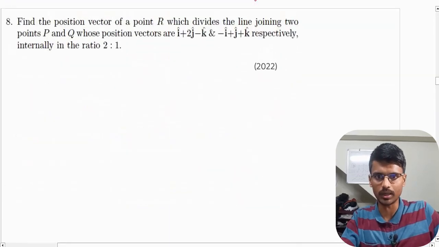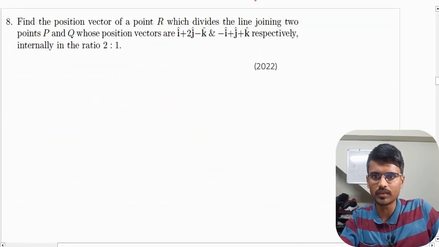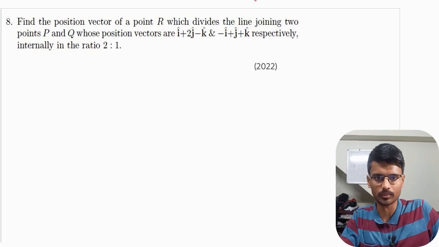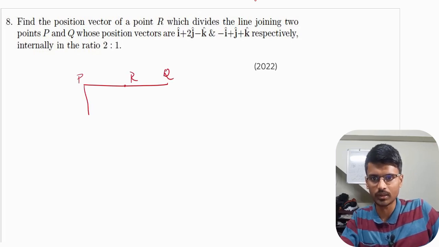Moving on. Find the position vector of R which divides the line joining two points P and Q, whose position vectors are given. We had just derived this. Let's take this P and this Q, and this is our R. Let's call this vector A, this vector B, and this vector R. This is our origin.